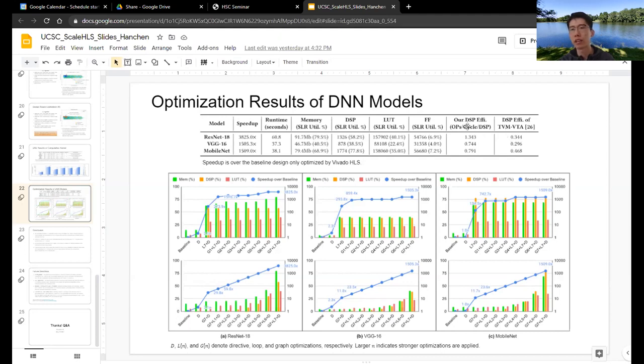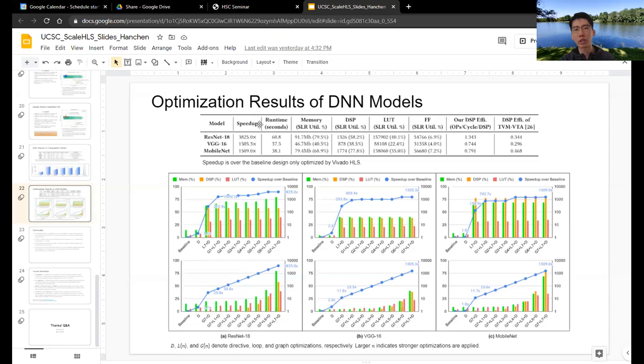So basically here, theoretically, the maximum DSP efficiency is 2. You can calculate 1 multiplication and 1 accumulation in 1 cycle for each DSP. So the maximum number is 2. And for the demo models of VTA, it can achieve something nearly 2, like 1.7 or 1.9.